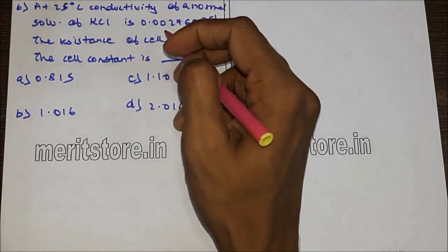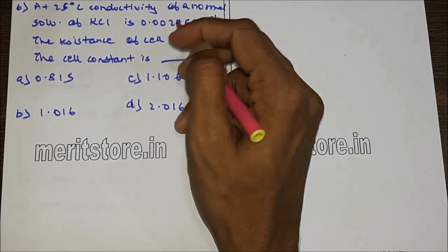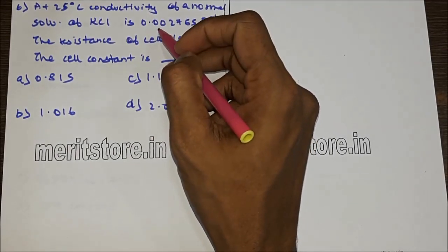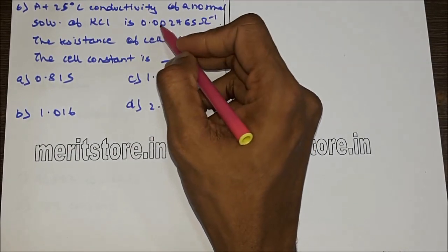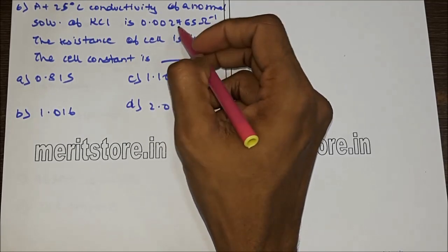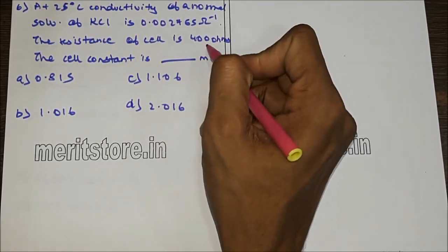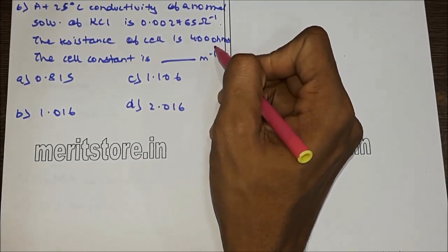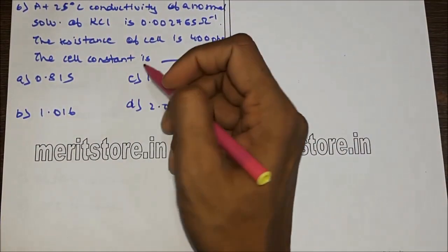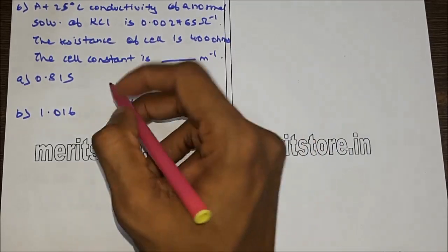Question 6. At 25 degrees Celsius, the conductivity of a normal solution of KCl is 0.002765 per ohm. The resistance of the cell is 400 ohms. The cell constant is dash. We're given four options.